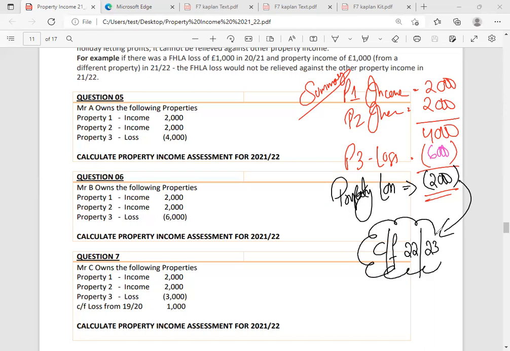Under non-savings there will be no property income, because we have an excessive loss, and it is going to be adjusted with next year's property income. How to do that? We are going to see this in question number 7. Any confusion, please?